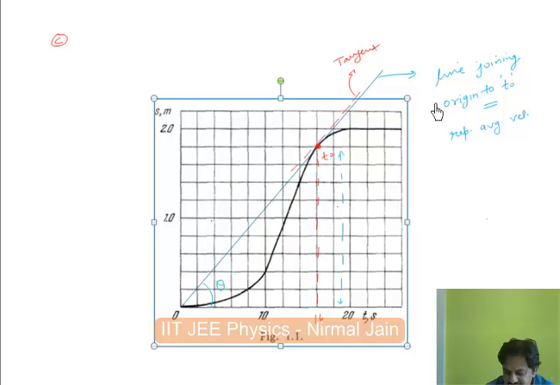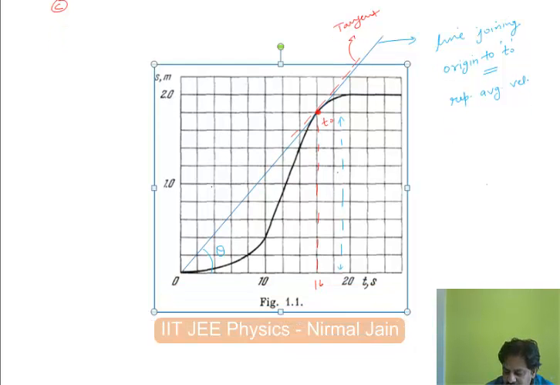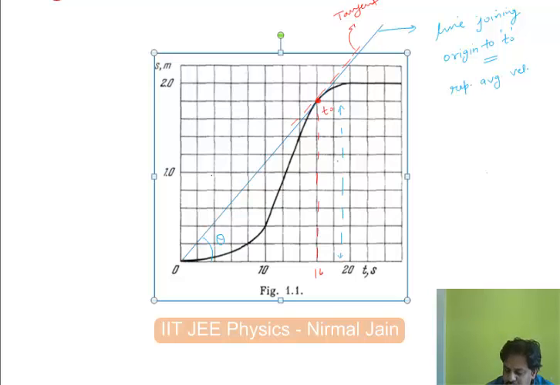So always remember the average velocity and the instantaneous velocity will be equal at a point where the slope of the line joining the initial point to the point at time t naught equals the slope of the tangent, the red line. The time at which this happened is t equal to 16 seconds.